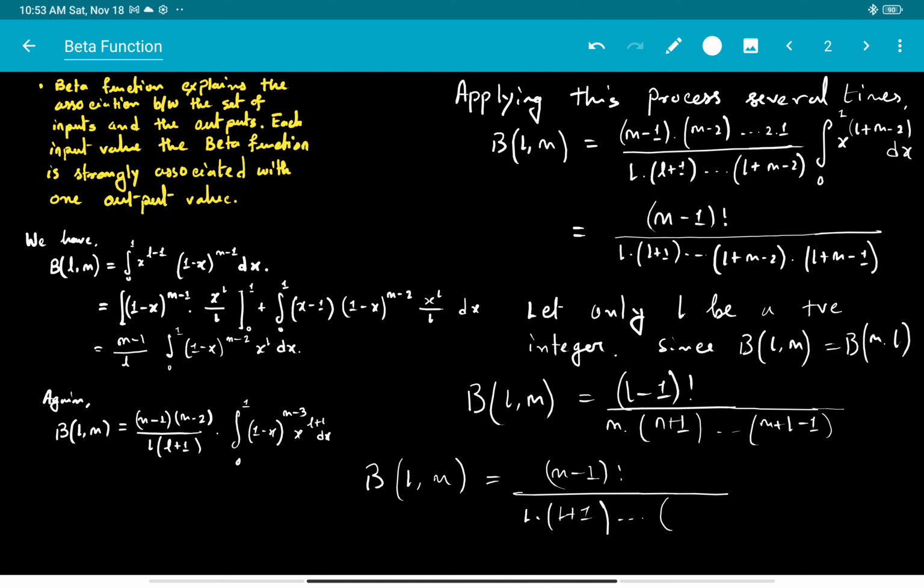and if you keep continuing this, up to L plus m minus 1.